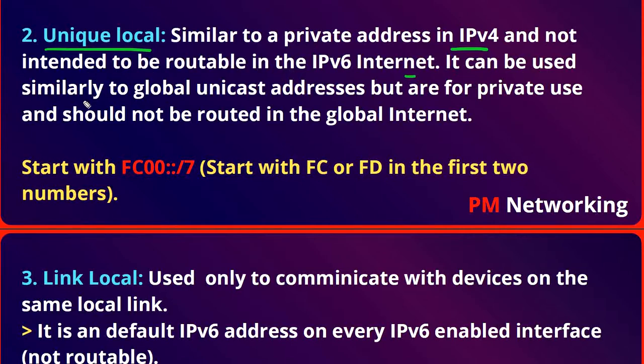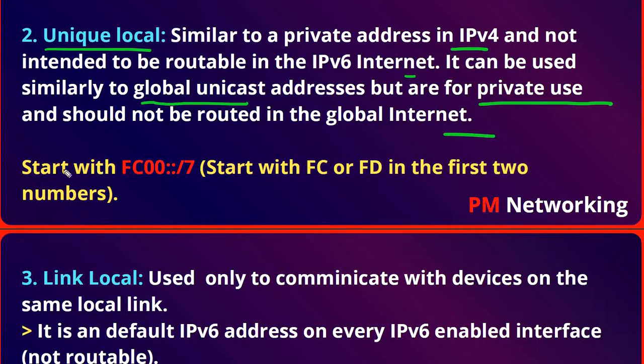It can be used similarly to a global unicast address, but it is used for private use. So this IP address will be used for private uses only, and should not be routed in the global internet.